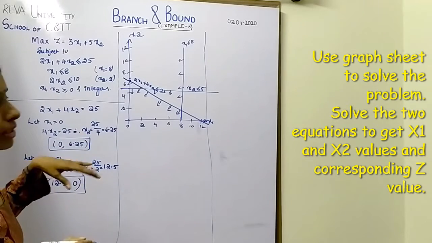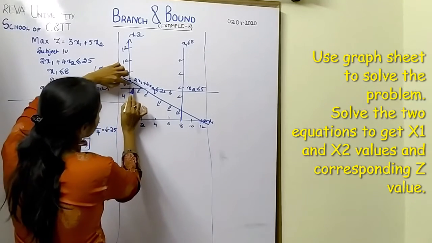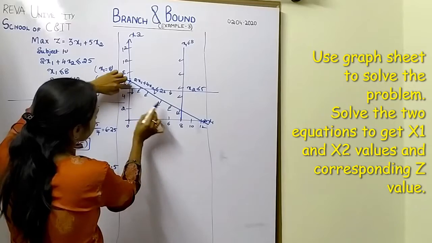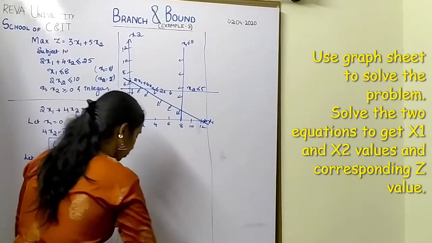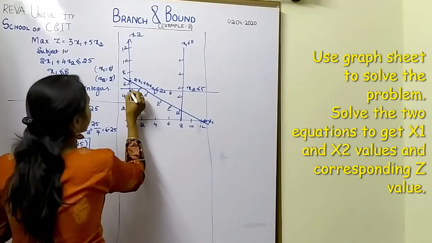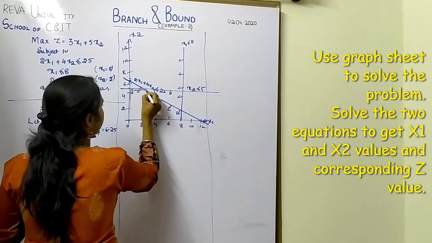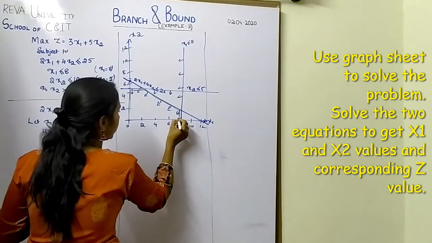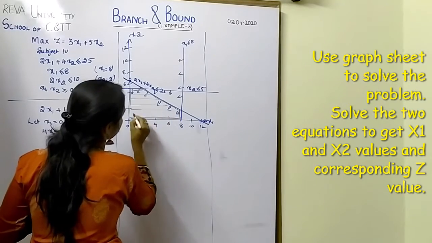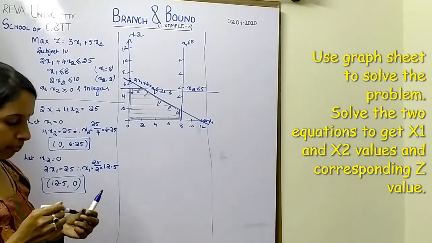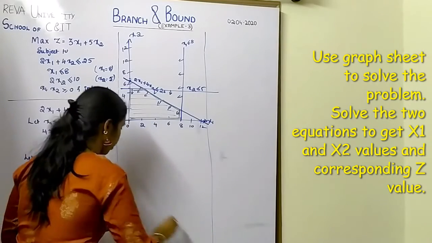Now what is the feasible region? It should be within this, within this, and within this. So only this will be the feasible region. Now find out the values.